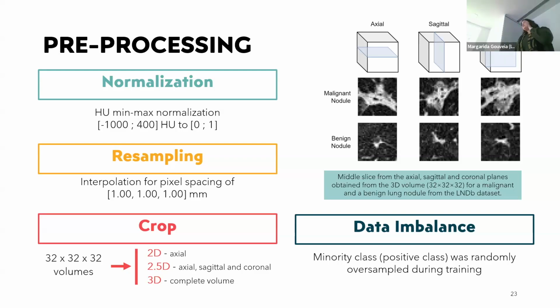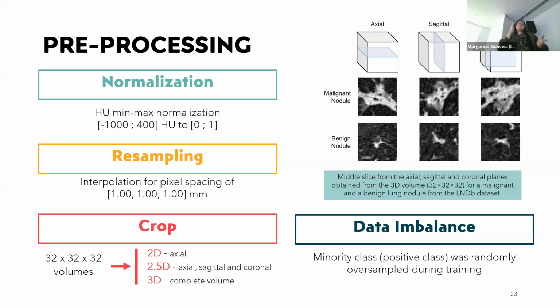When we established the baseline, we tried the simplest approach, the 2D approach. For each nodule, we just consider a slice and a 2D box. We also consider the 3D volume, and we also tried something that we call 2.5D, that is basically extracting the anatomic planes of the nodule and combining them in the input of the network.